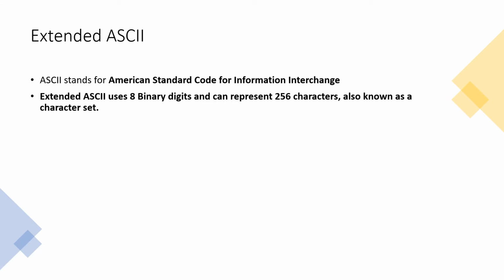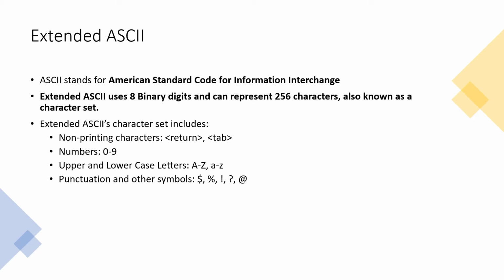Then that was developed on because they needed more characters to represent the letters, numbers and special keys that we have, so it was extended up from 7 to 8 binary digits, and these can be used to represent 256 characters. You'll notice that's the exact same as the number of binary numbers that we can represent using 8 bits. And altogether, this was known as a character set.